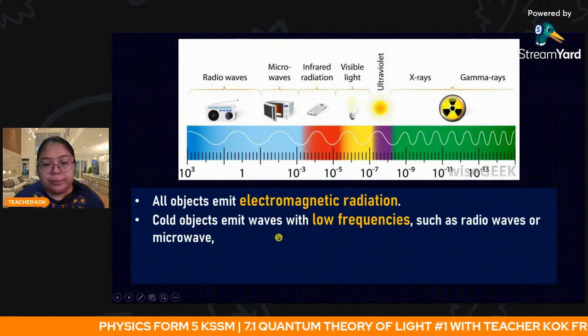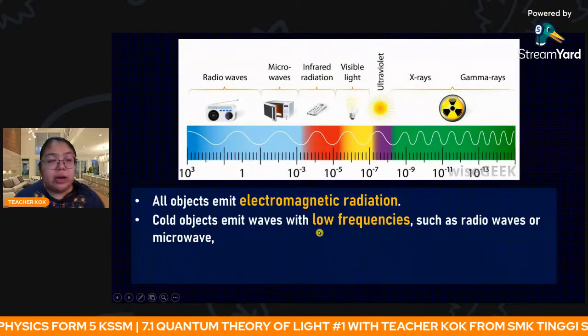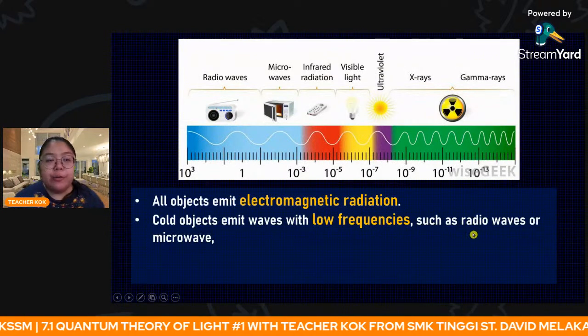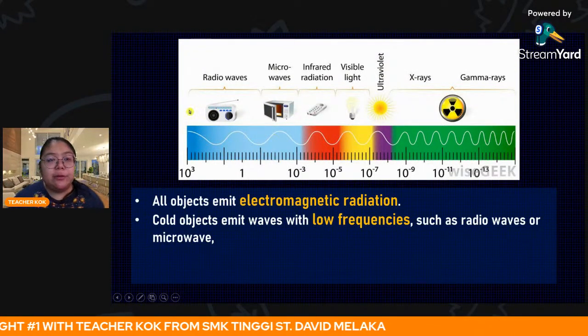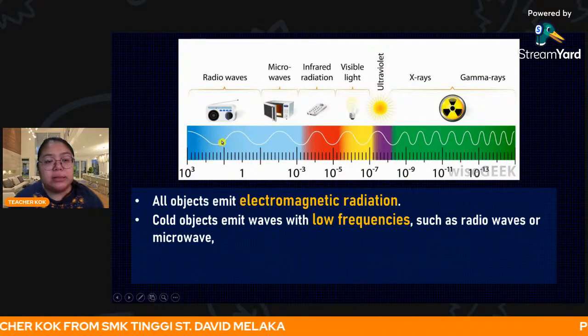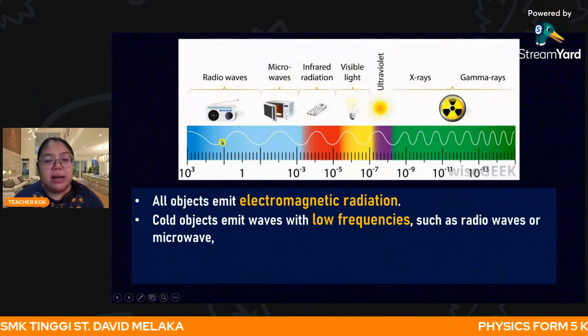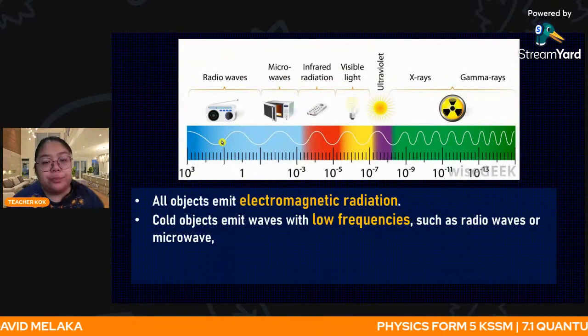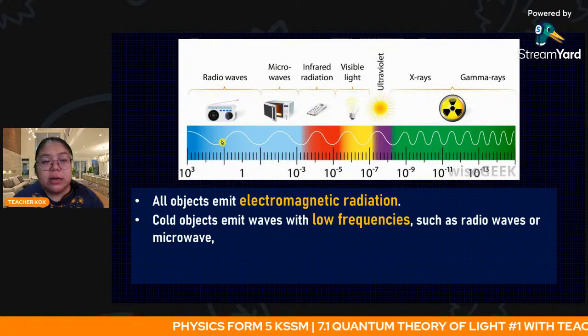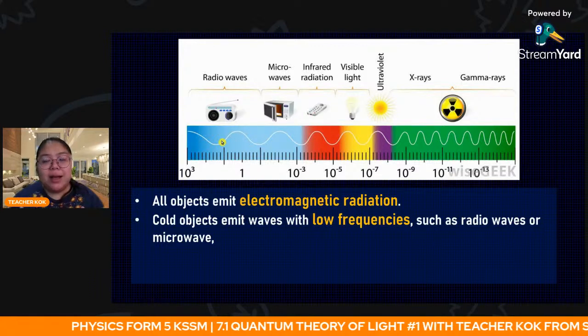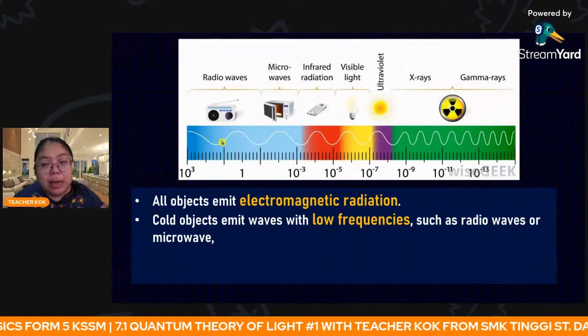So a cool object emits waves with low frequency. For example, radio and micro. Radio and micro have a long wavelength. Then you will find the frequency becomes smaller. So this one is normally for the cool object. They are represented by the cool object wave. After that, they produce waves that become longer, and the frequency becomes smaller.